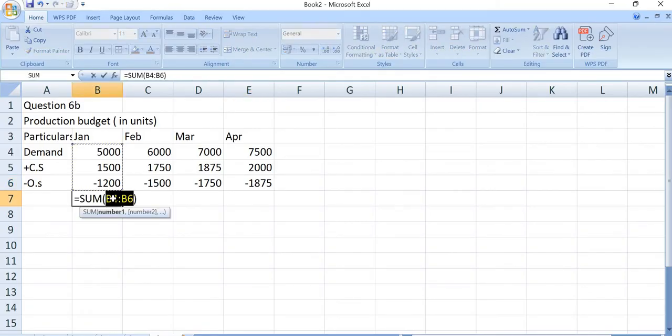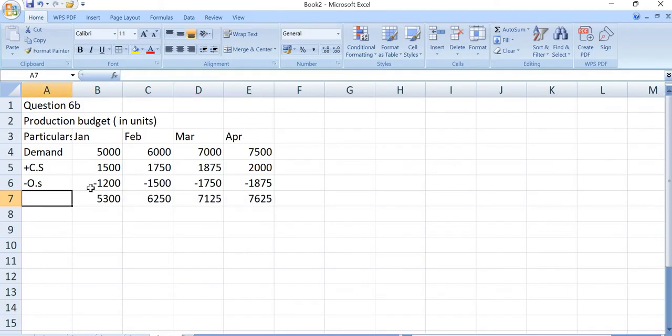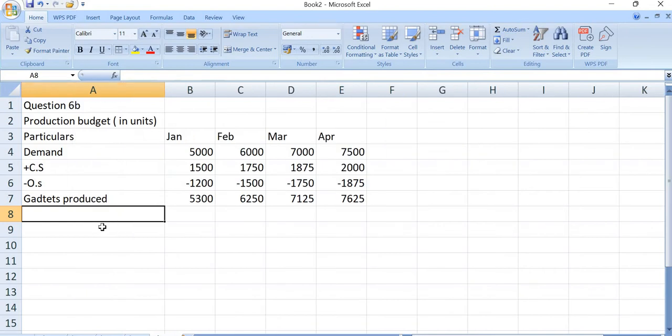So total production will be 5,300 gadgets for Jan. Now we have completed the production budget.